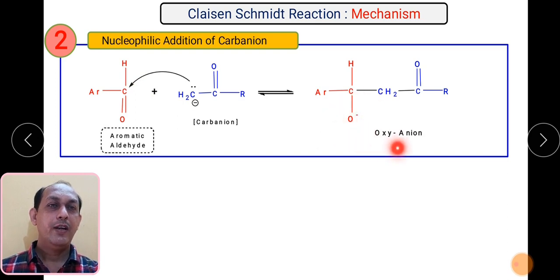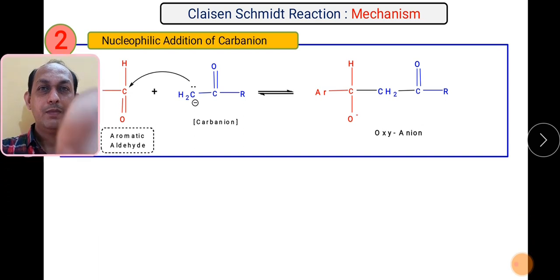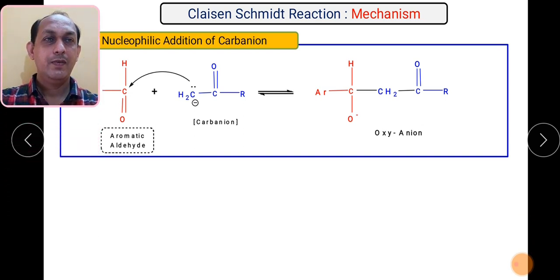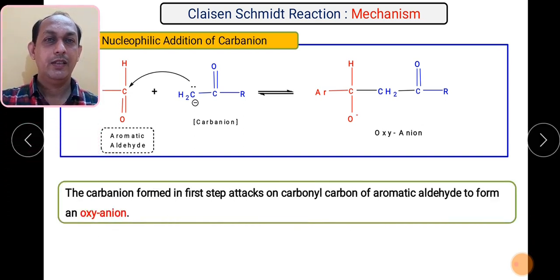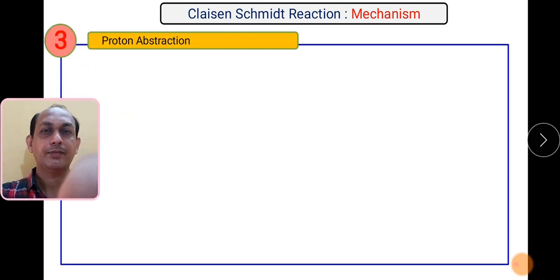As we know, oxygen carrying a negative charge is called an oxyanion. So in the second step, due to the nucleophilic addition of the carbanion on the aromatic aldehyde, an oxyanion species is formed. This species will not be that stable because of the presence of charge. So let us see in the next step what happens.